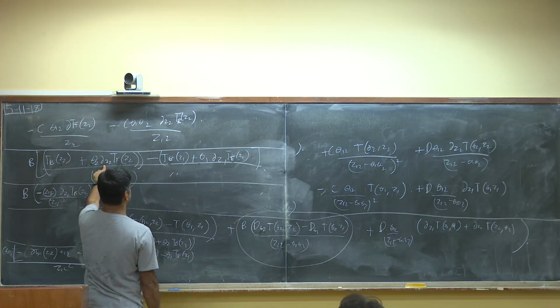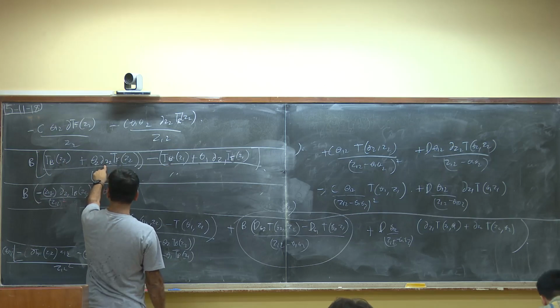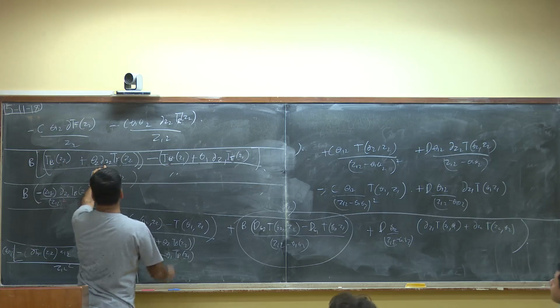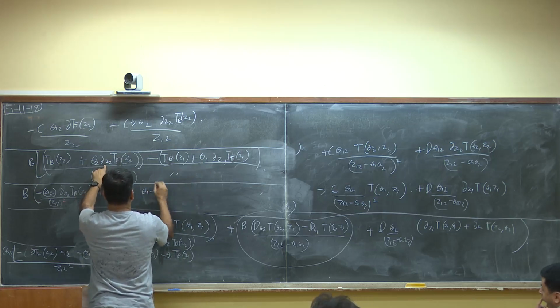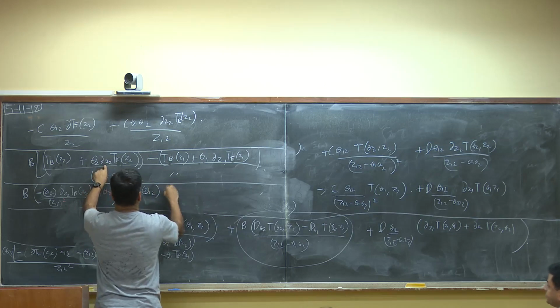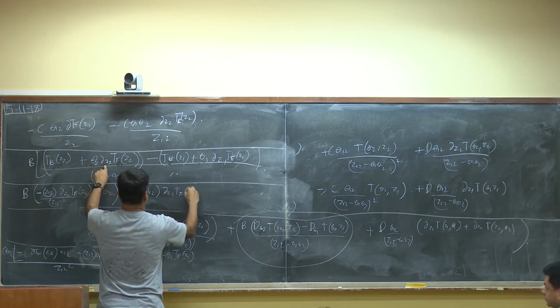Now let's look at the second term. The second term, the term where we don't expand, comes with a minus theta 1 minus theta 2, so theta 1, 2, times del Z2 TF Z2.